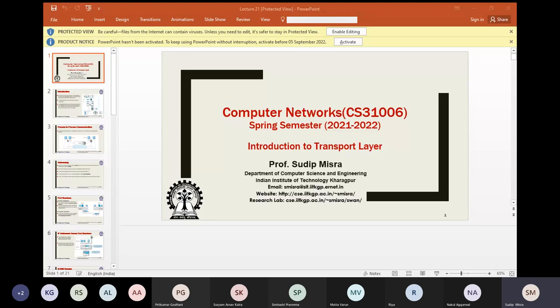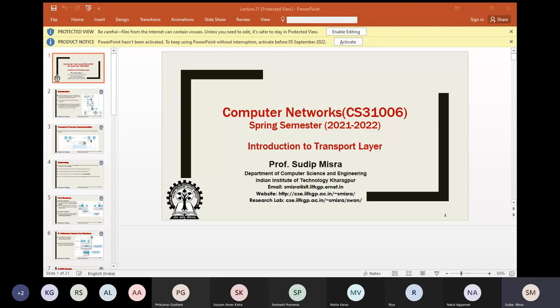Now comes the concepts of encapsulation and decapsulation. This is what happens at the sender side. You have the transport layer and the application layer at the client. At the server also you have the same transport layer and application layer. Now this particular client process wants to communicate with the server process.